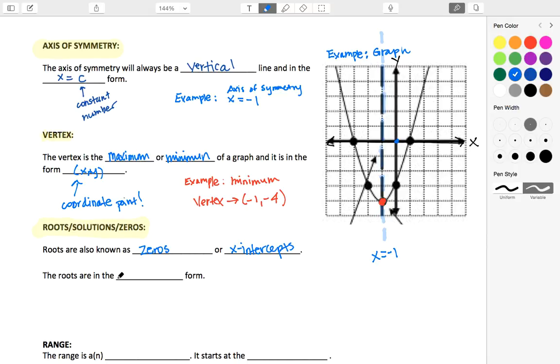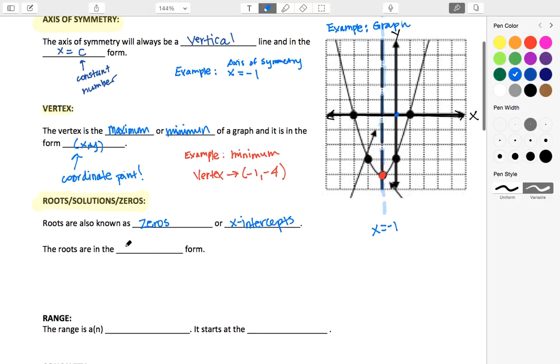And the roots are usually in one of two forms. You could say x is equal to c, like the constant, or it can be in an x and y coordinate.